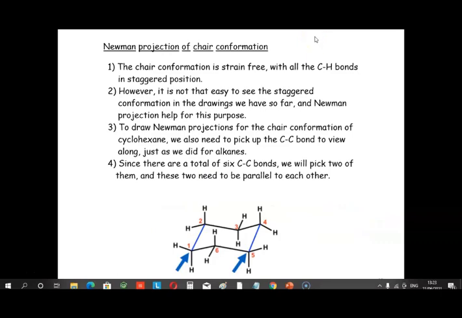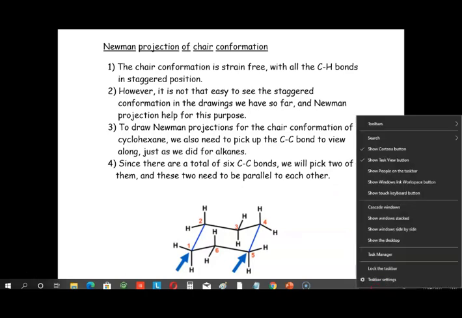Now let us see the Newman projection of the chair conformation. The chair conformation is a strain-free structure with all the carbon-hydrogen bonds in staggered position. However, it is not that easy to see the staggered conformation in the drawings we have so far.